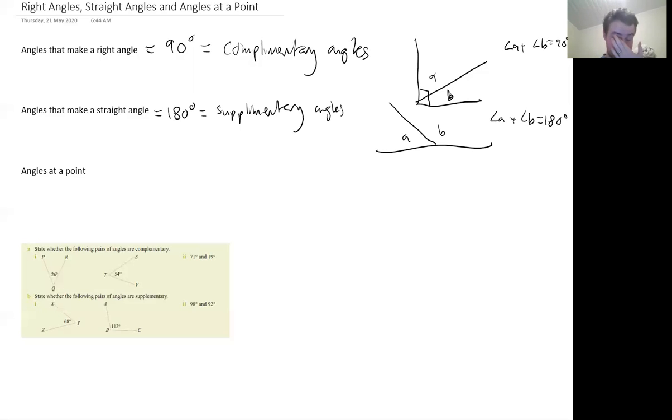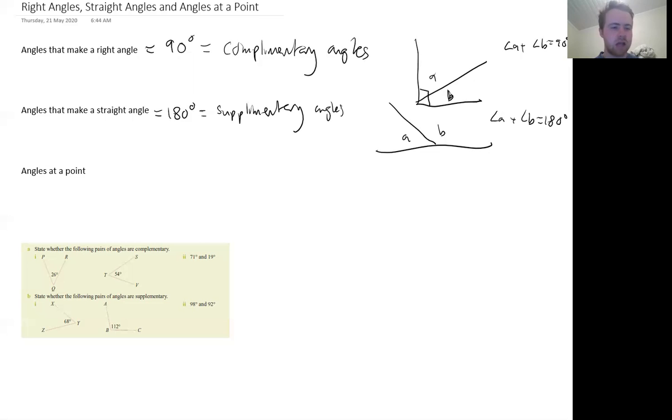Supplementary angles add up to 180. So we need to remember complementary is 90 degrees, supplementary is 180 degrees. You can work out a way for yourself of how to remember which is which, but it will be important later on.